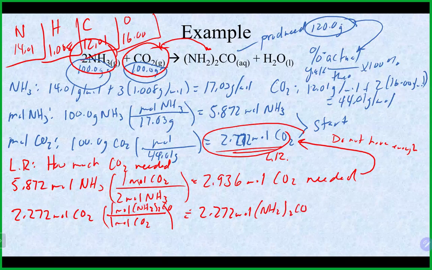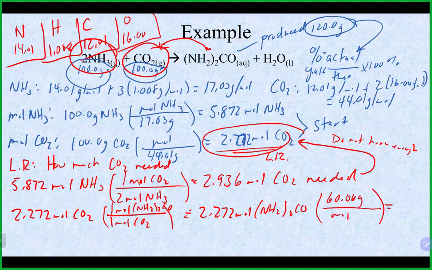And we want grams since our actual yield's in grams. So we need the molar mass of our product. That's going to be 2 times 14.01 plus 4 times 1.008 plus 12.01 and 16. I think we used this earlier on. 60.06 is the molar mass. We want the grams up on top.